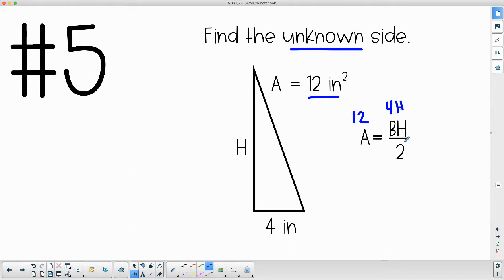So we're going to start and do the opposite of divide by 2, which is to times by 2. Then we need to do the opposite of times by 4, which is to divide by 4, will tell us the height. So 12 times 2 divided by 4 gives us that. And this is just one single measurement, so your answer will just be inches. Our squared is the area up there.